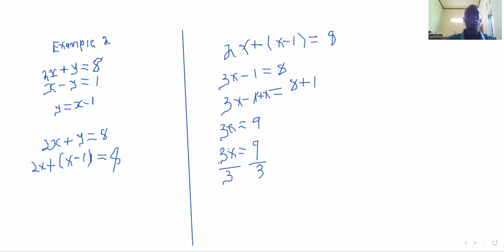So these 3 cancel each other. You divide 9 by 3, you get 3.